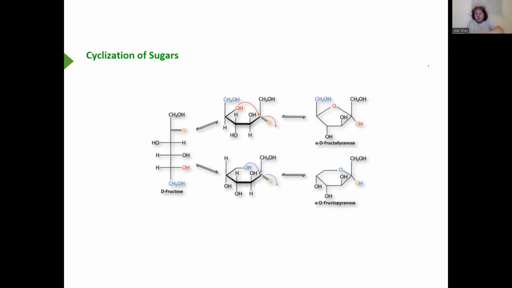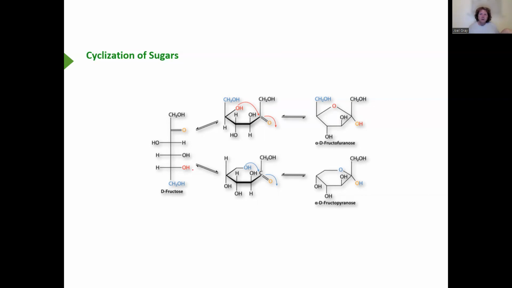So that was a visual for the cyclization of a 6-membered aldose. Here what we have is the cyclization of fructose. And it's a nice color-coded model for which is the oxygen atom that's within our ring.